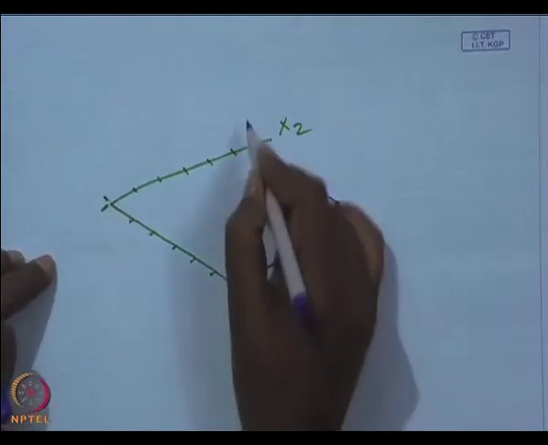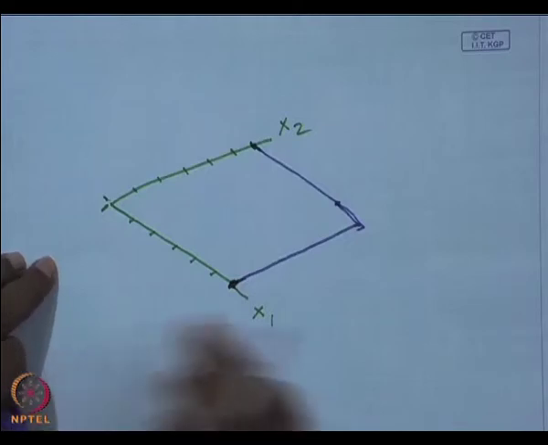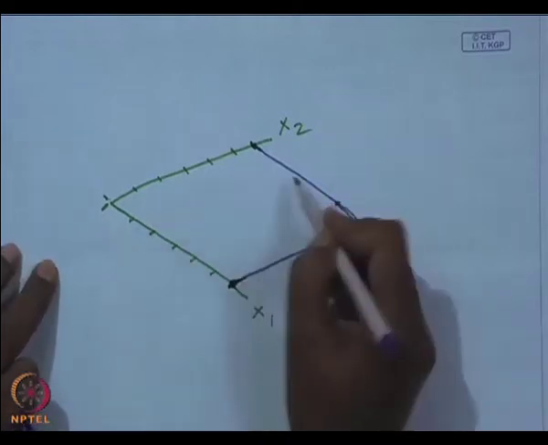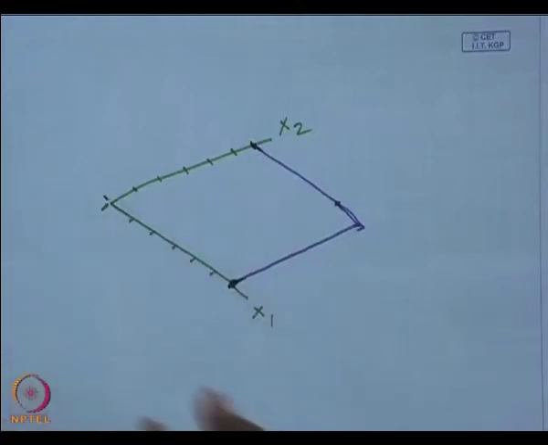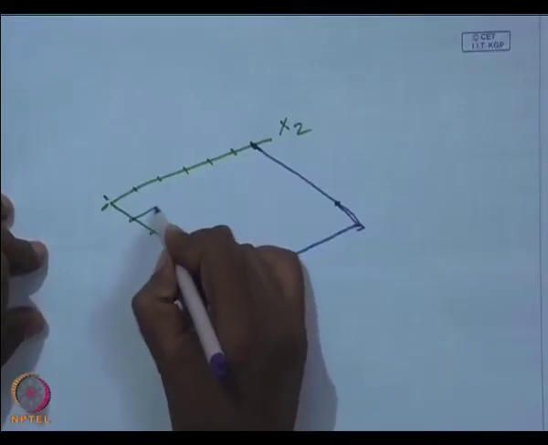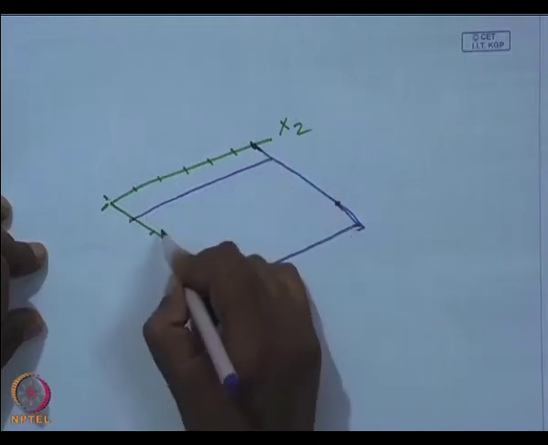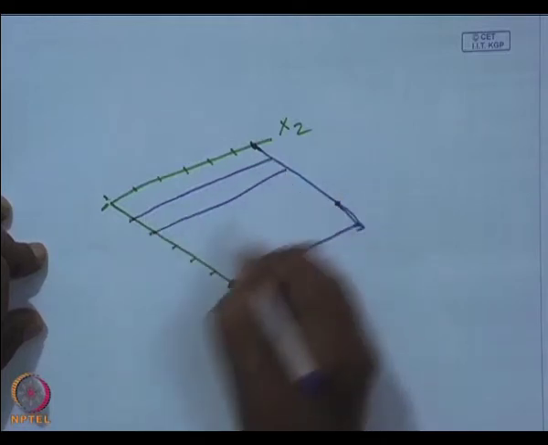So, this defines a bounded area. And when I break x1 and x2 into a number of bins, effectively this bounded area is divided into a number of rectangular cells. So, the cells that I will have will be rectangular in nature, something of this form.